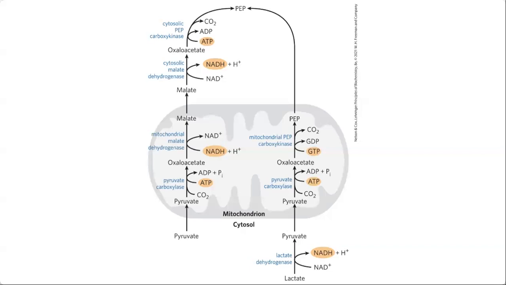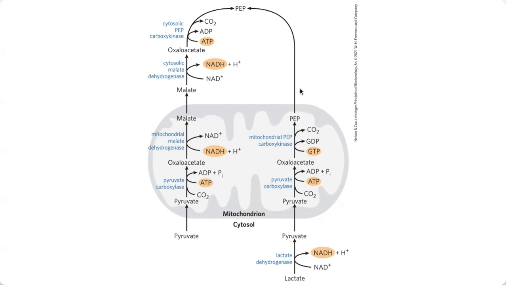The mitochondria has two membranes, and the inner one especially is going to be very, very picky. It's going to let through pyruvate, and it'll change pyruvate into oxaloacetate, but it won't let oxaloacetate through. Therefore, if we want to continue further on in gluconeogenesis, we need to convert the oxaloacetate into a form that can be taken out.